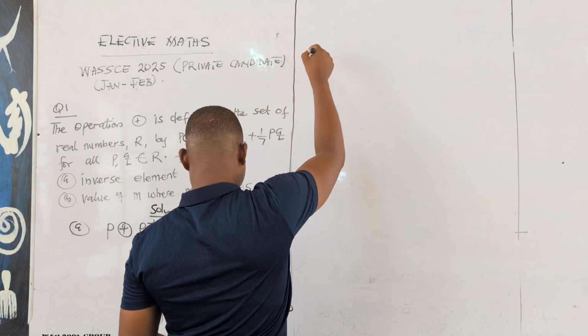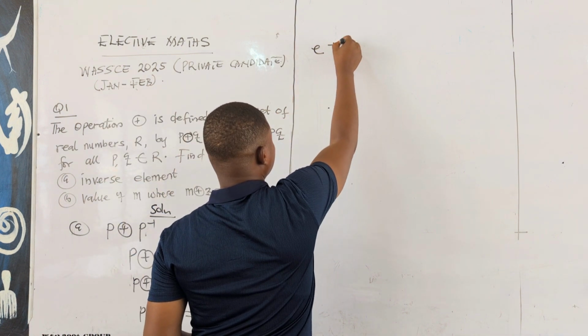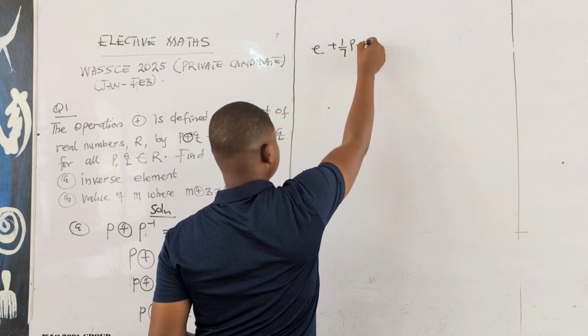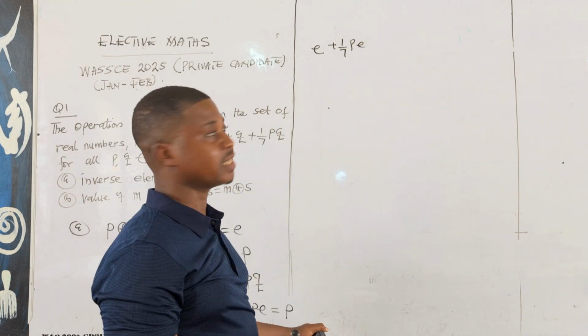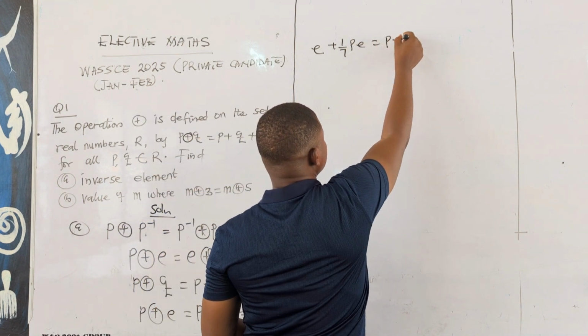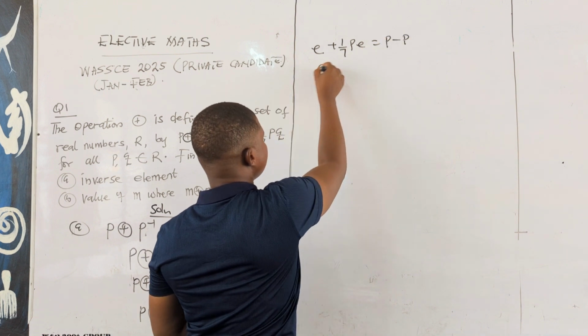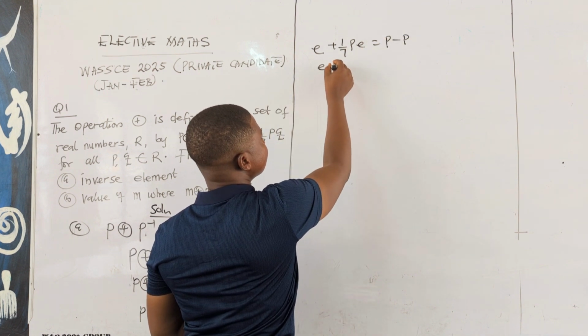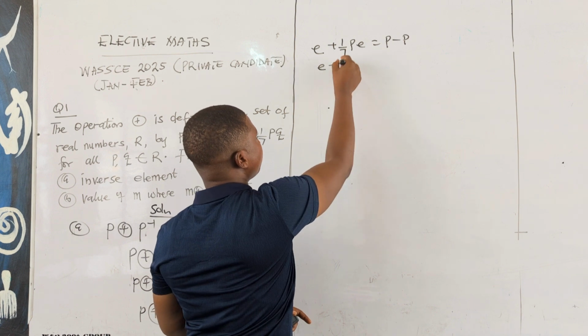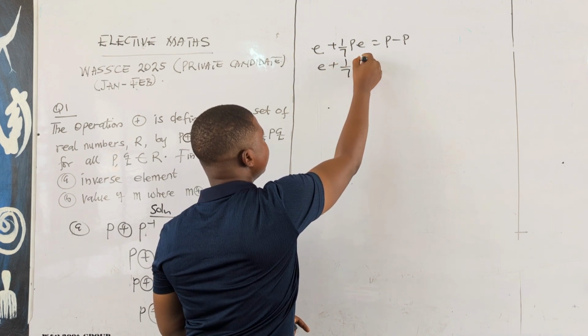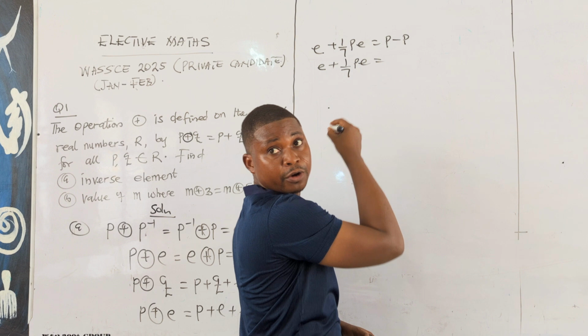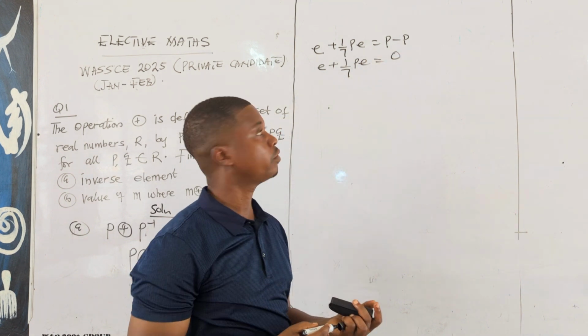So E plus 1/7 PE. Now this P will be sent here to be P minus P, so E plus 1/7 PE should give us P minus P, which is 0.